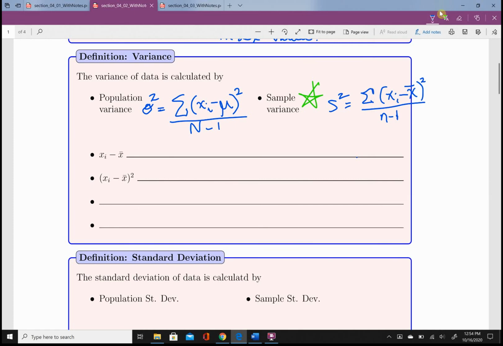Where x sub i minus x bar is the distance away from the mean for every data point, the data's distance from the mean. So it's basically a measure of how far spread out the data is from the mean, which is one of several different kinds of measures of center. And then this is the data's distance from the mean squared.